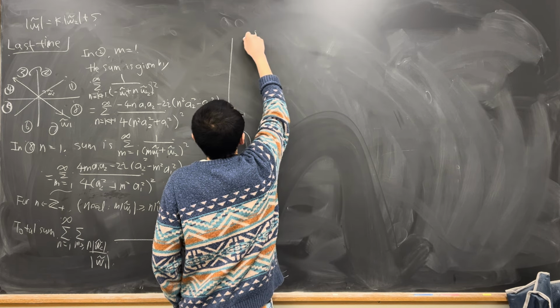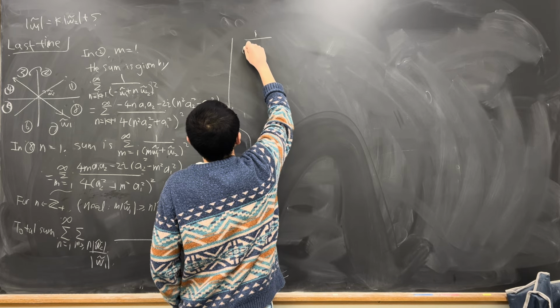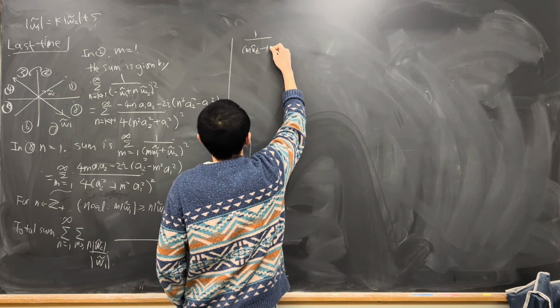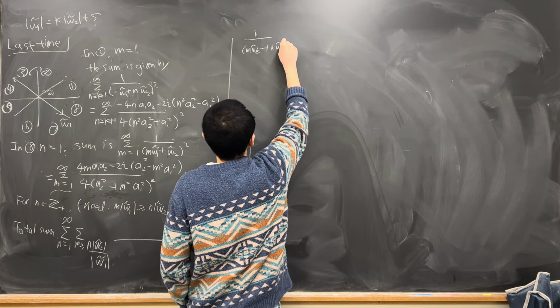So if I have 1 over n omega 2 theta plus n omega 1 theta.